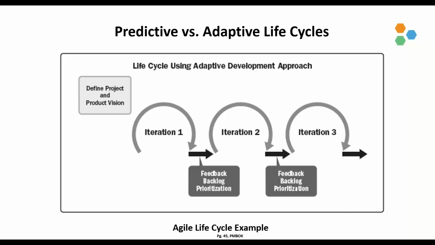So this approach optimizes the flow of deliverables to the customer as delivery of what's called a minimum viable product, MVP, is provided throughout the project life cycle. So value is being delivered early in the project, and not just early, but on an ongoing basis throughout the project.